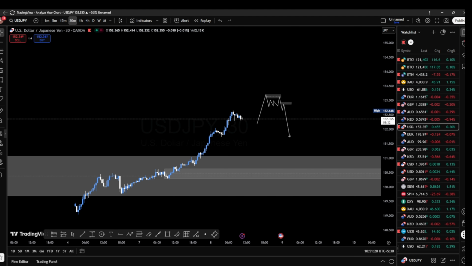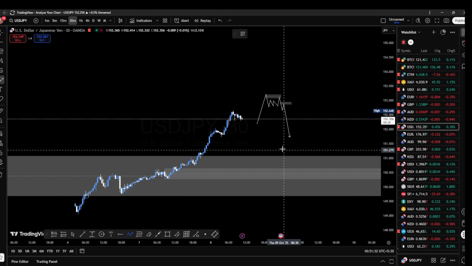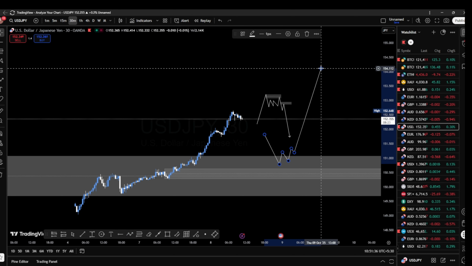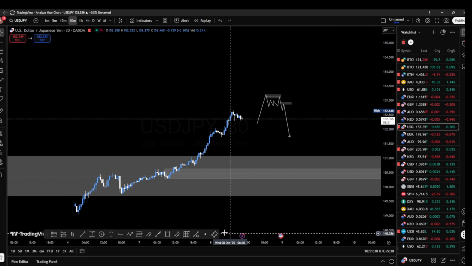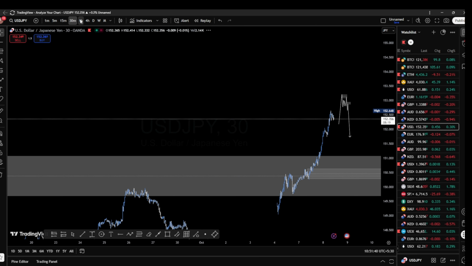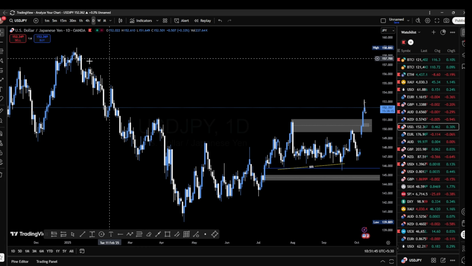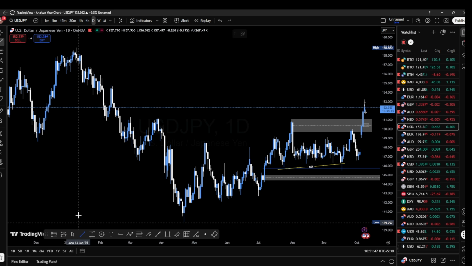Until this comes, as I already told you, if it comes here and does some retracement, I would go upside. Wait for confirmations. Be patient. You can target all these levels.